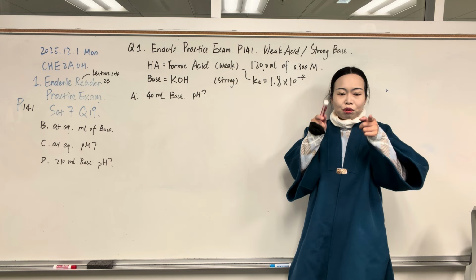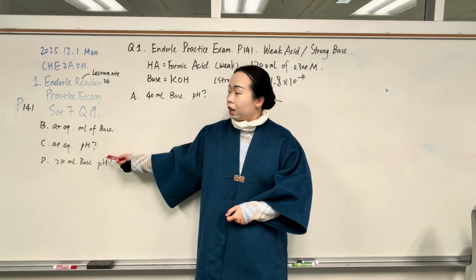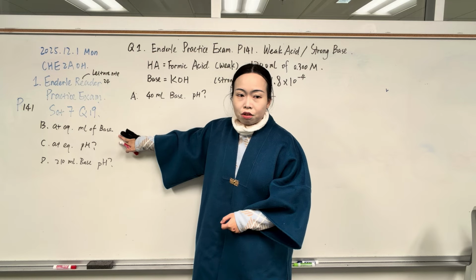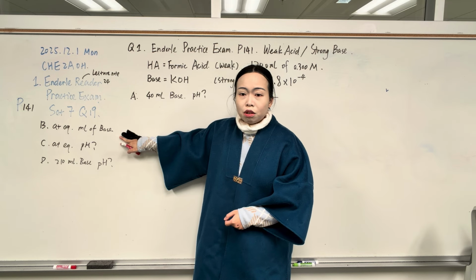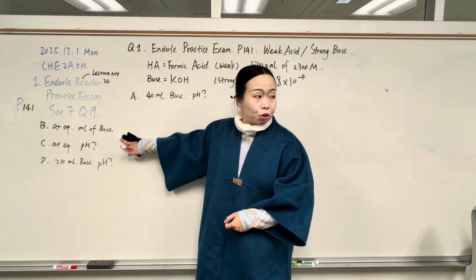When are you going to do that? Usually at the equivalence point. But do I tell you that's the equivalence point? Sometimes not. In this one, I ask you for the equivalence point, what's the volume of the base? Sometimes I don't write this out. I'll just tell you there are certain amounts of base being used, and you need to figure out that's actually the equivalence point. Both are acceptable.